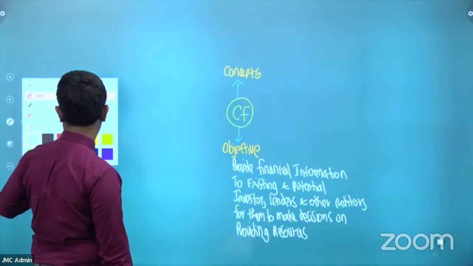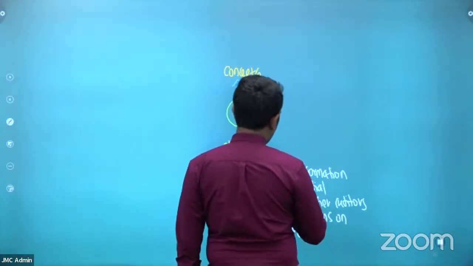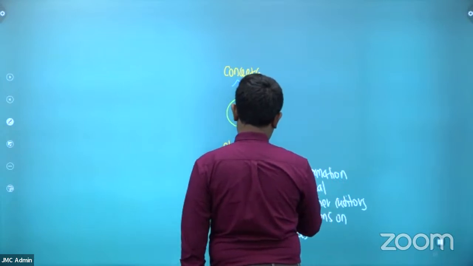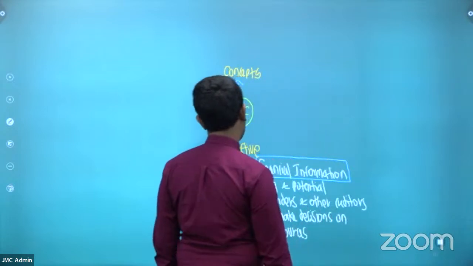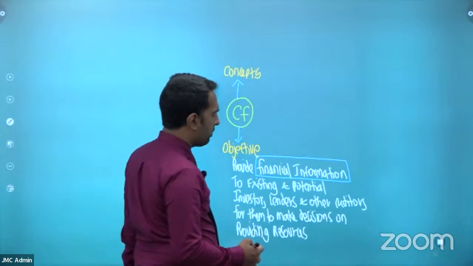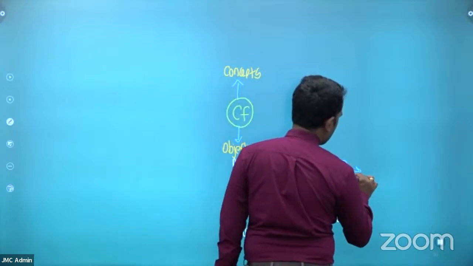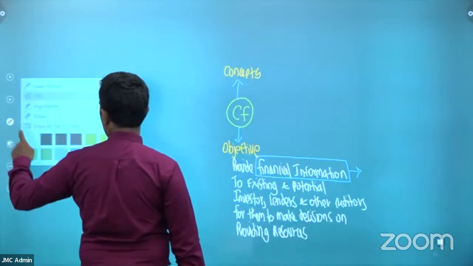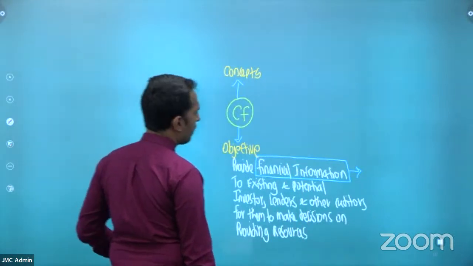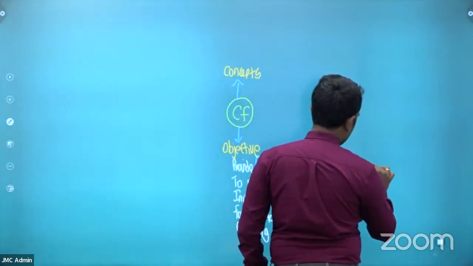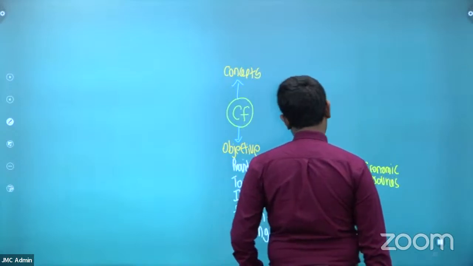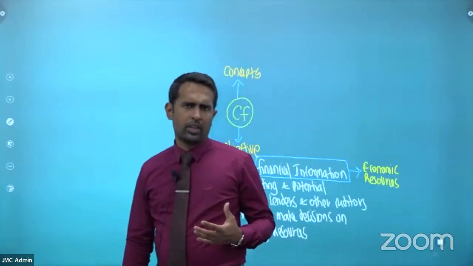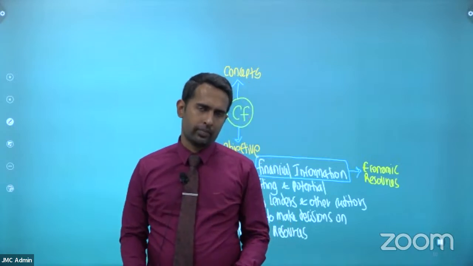Okay, right. Now, if you take this financial information, let me take this particular word separately. Financial information. What does it mean? Financial information means information about the economic resources of a business, right?